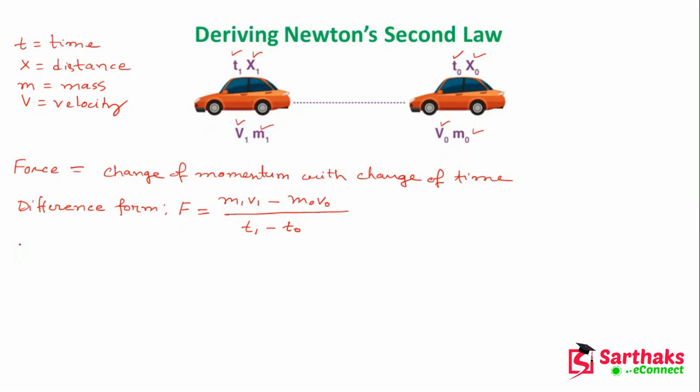Now if we consider constant mass m, we can write F equals m times (v1 minus v0) divided by (t1 minus t0).